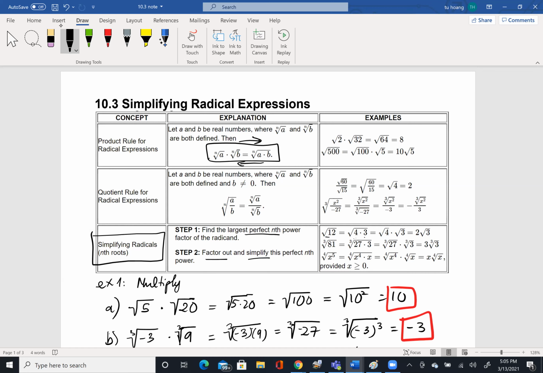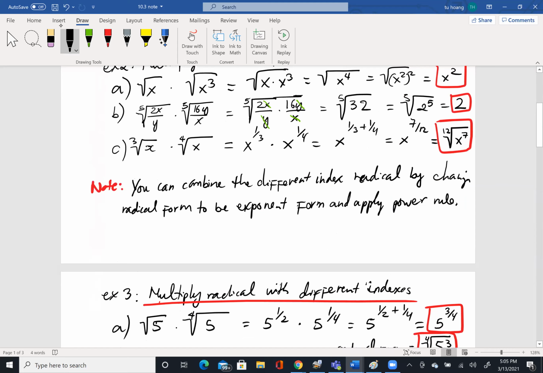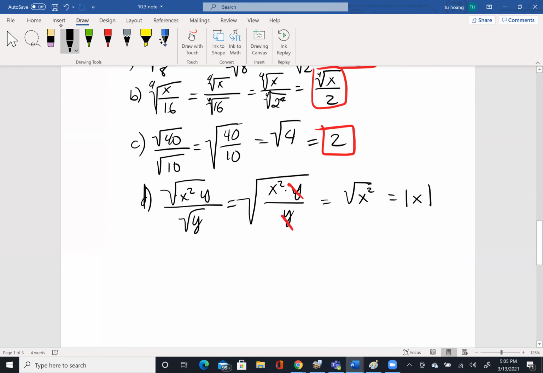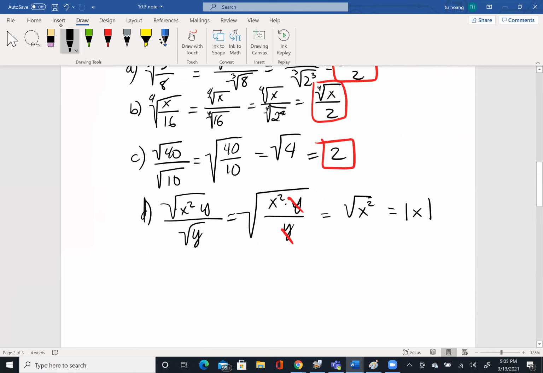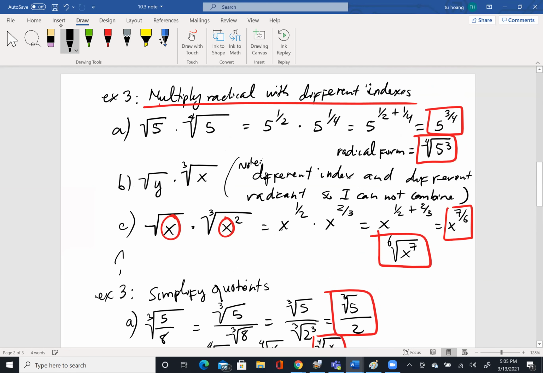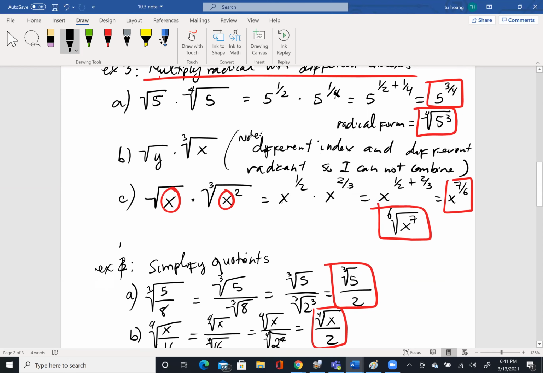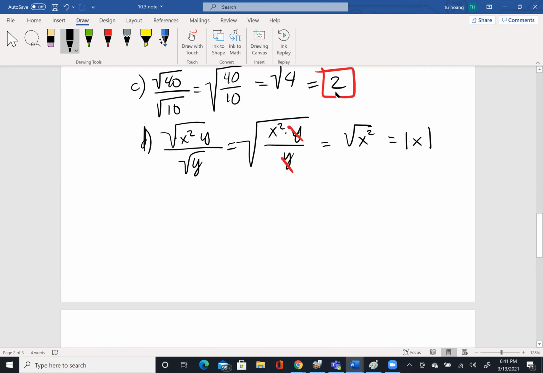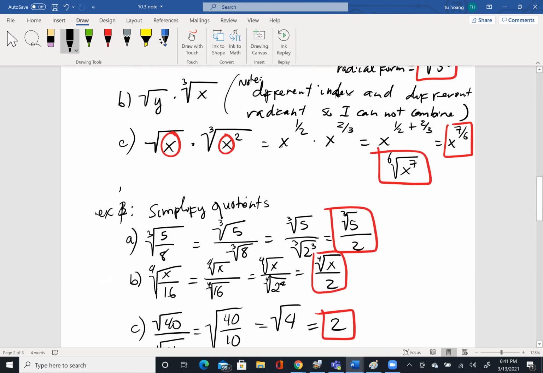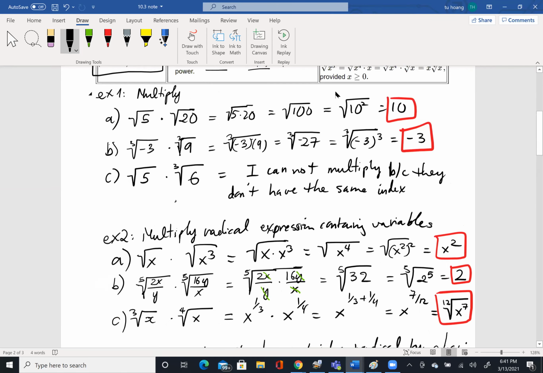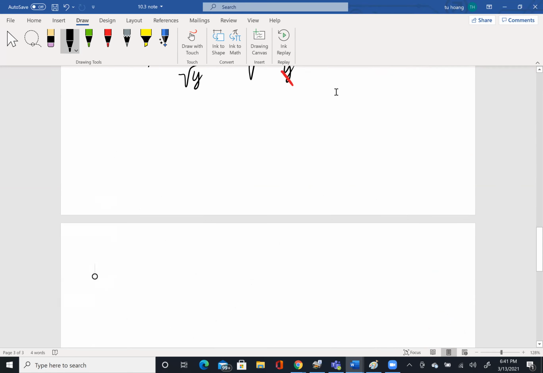Okay. So let's have an example. This should be example 4. Okay, so we have example 4 already. Let's move to example number 5.